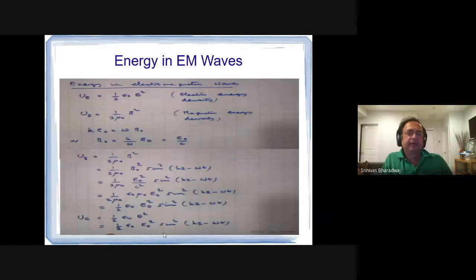Okay, so what is the energy in an electromagnetic wave? The energy in an electromagnetic wave is 1 by 2 epsilon naught E square on the electric side, and the magnetic side is 1 by 2 by mu naught B square. So that is the energy in an electromagnetic wave.